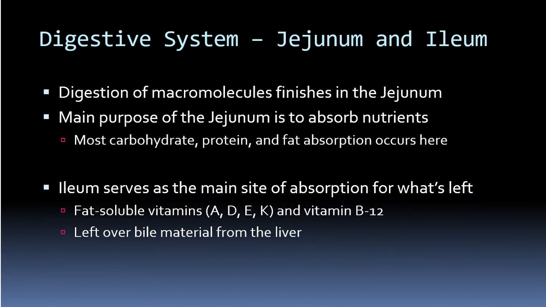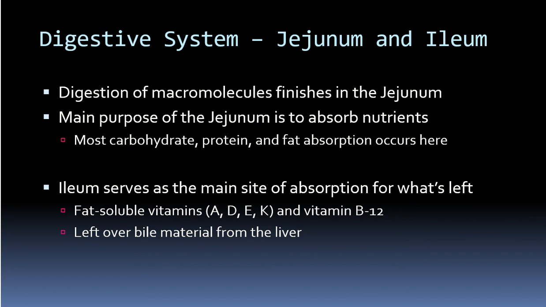Now, the other two main components of the small intestine are the jejunum and the ileum. And this is where digestion of macromolecules, of large molecules, carbohydrates, fats, proteins, finishes in the jejunum.